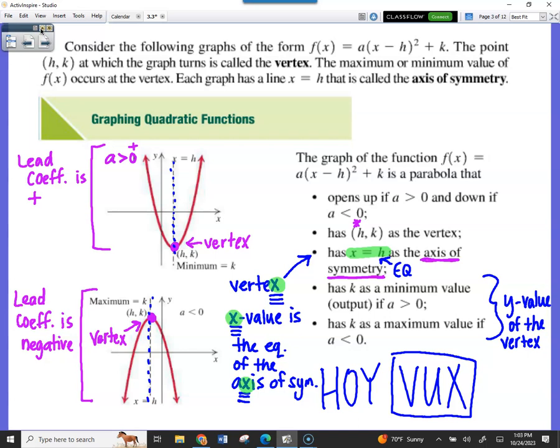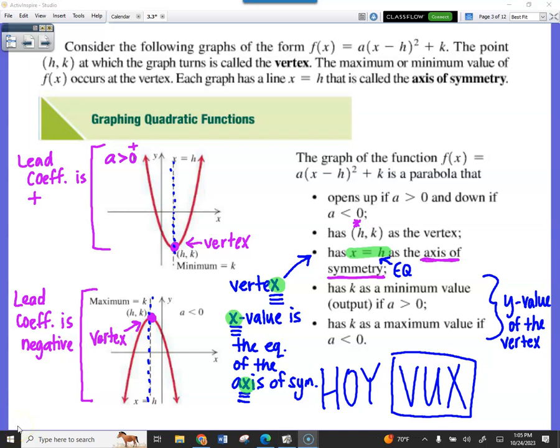The vertex is the numbers in the place of H and K, sign change on H. The vertex that the axis of symmetry passes through, the equation, EQ stands for equation, is X equals H. Then K at the very end is what determines the min or the max, depending on which way it's opening. I'm going to let you write all of that down, and then I'm going to continue explaining, and then we'll put it into practice. So write all of this down.